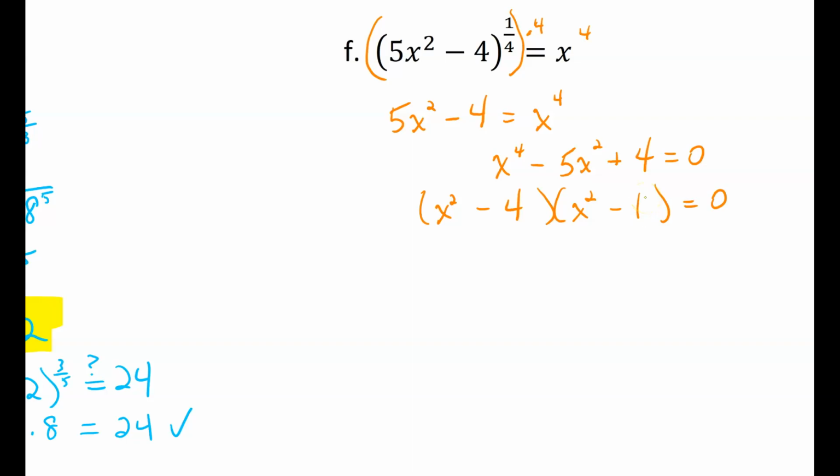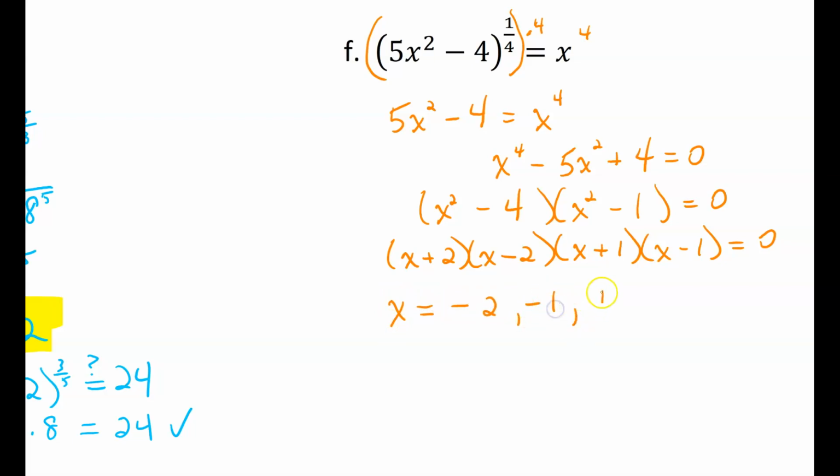And then if you'll notice, we have the difference of two squares and we have it twice, which means this one factors into x plus 2, x minus 2, and this one into x plus 1 and x minus 1. So we now have 4 different zeros here, so I'll write them all out. So we have -2, -1, 1, and 2.